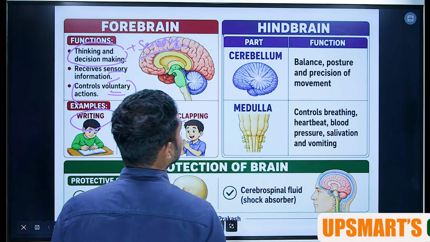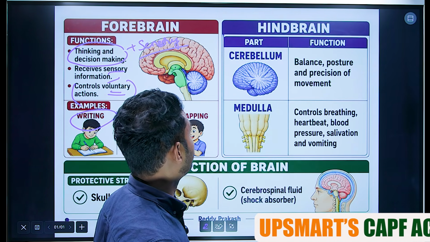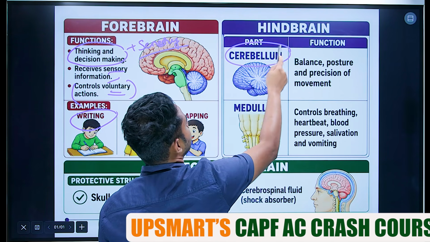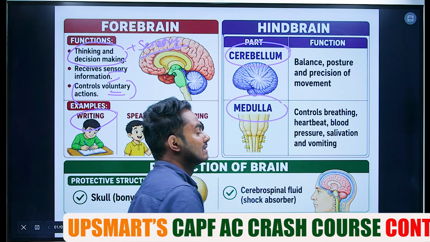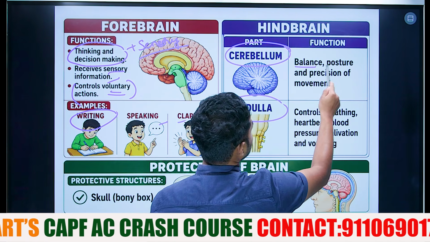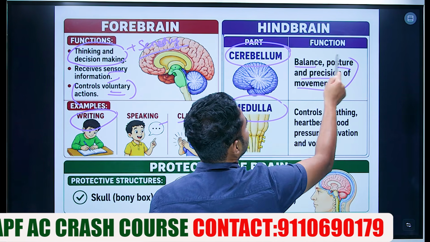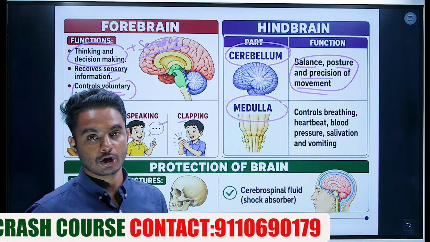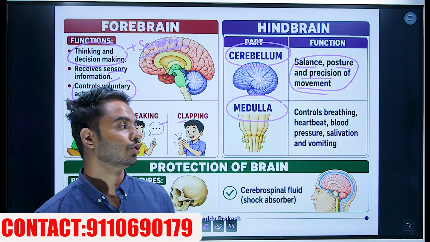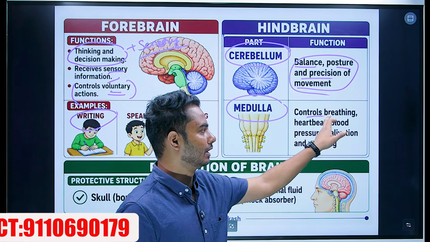Next is the hindbrain. The parts of the hindbrain are also important: two parts, the cerebellum and the medulla. The cerebellum helps in balance, posture and precision movement. But a few involuntary actions are also important. It controls breathing.